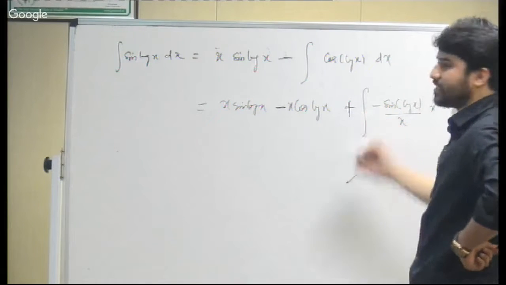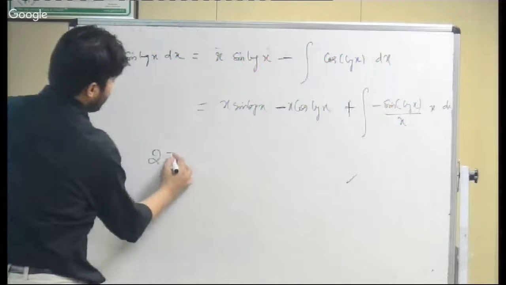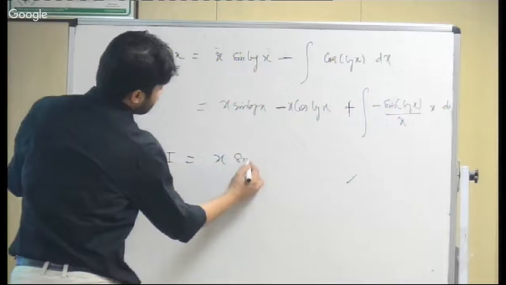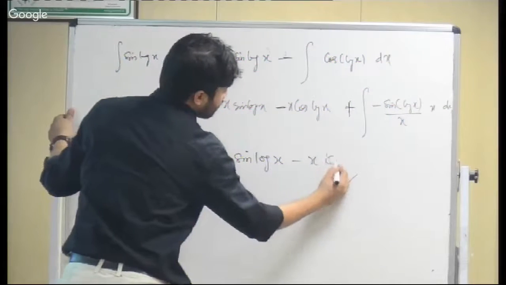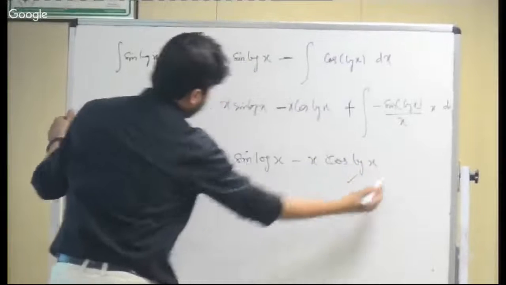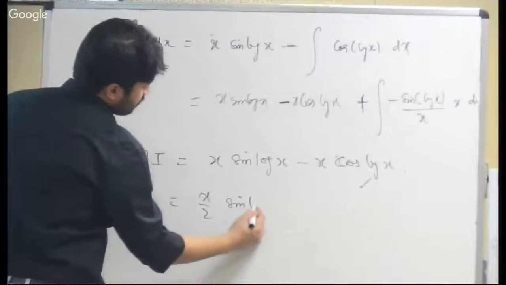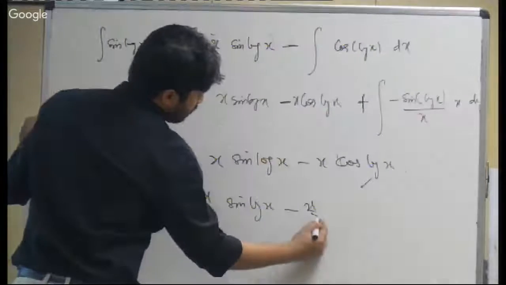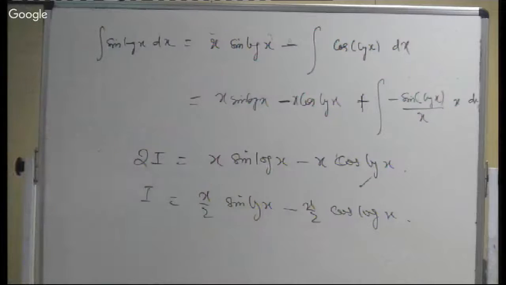So I got minus I. So it will turn out to be 2I is equal to x minus x. So I will be... clear or not clear? Done? Okay.